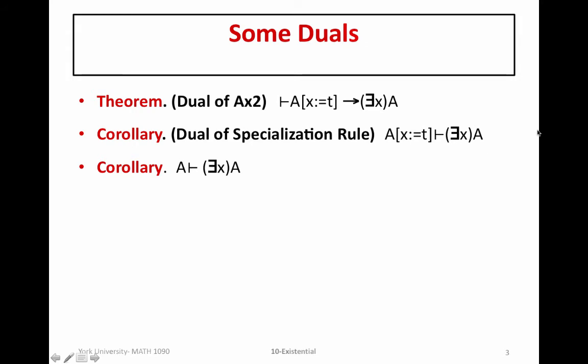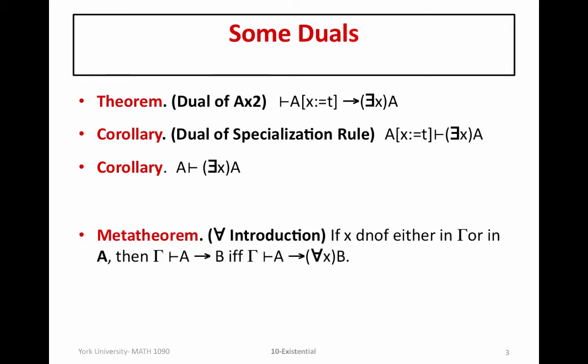Now, by looking at the ability to add in both the universal and existential quantifier, we have a couple of meta-theorems which involve some additional conditions. The first meta-theorem allows us to introduce the universal quantifier into an implication. There are some conditions in this case.